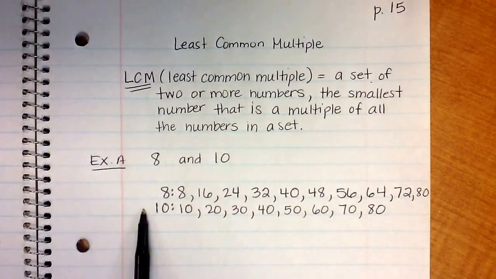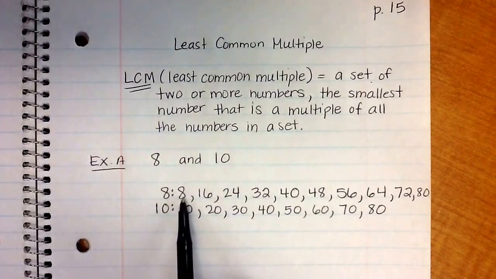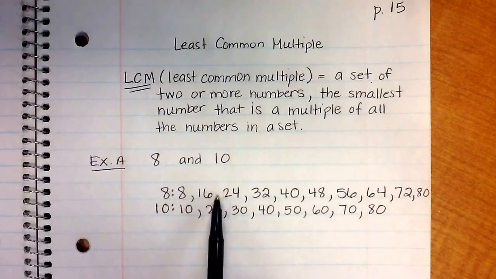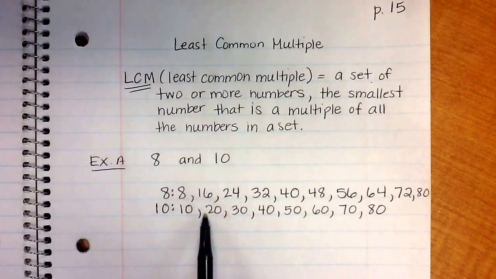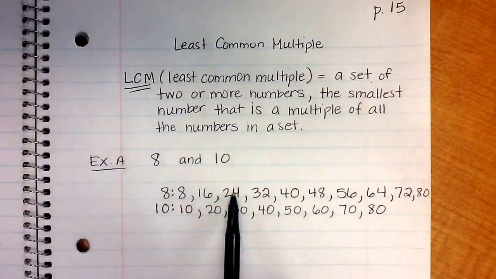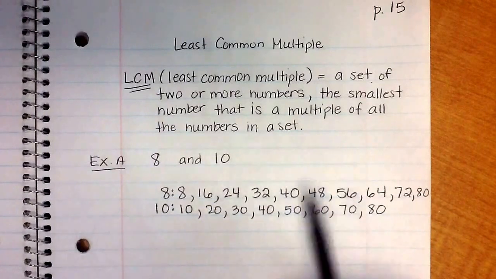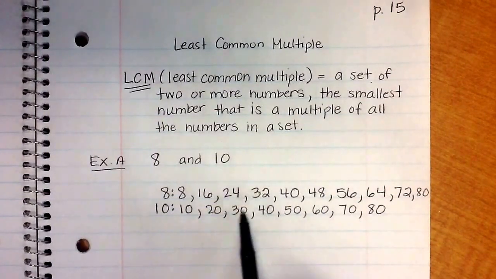So we're going to start from the left-hand side, looking at these. 8. No 8's down here. 10. No 10's up here. 16. No 16. 24. No 24. No 30 matching.